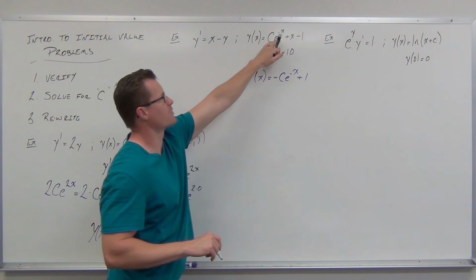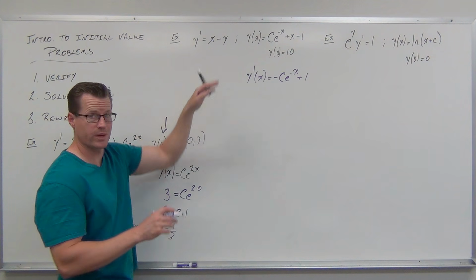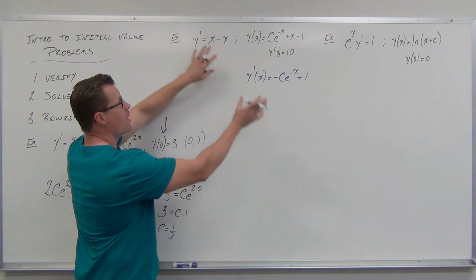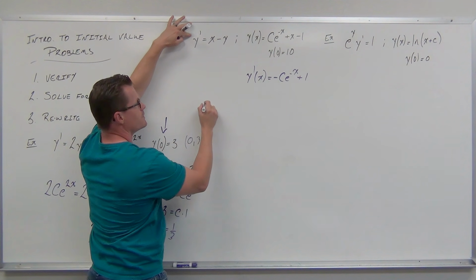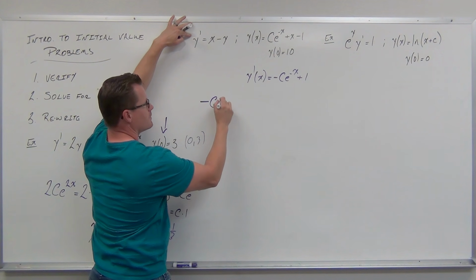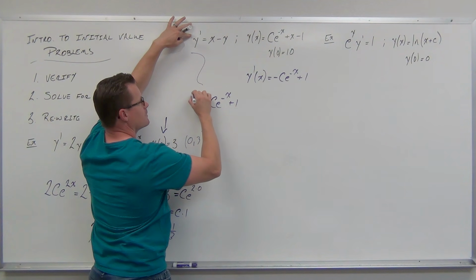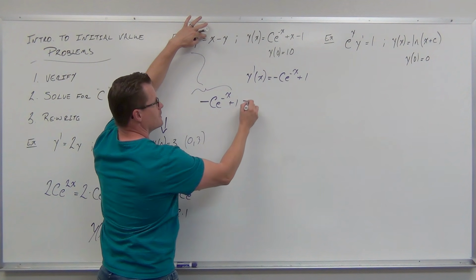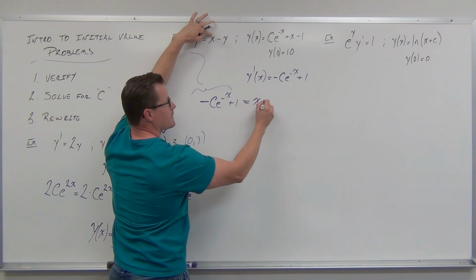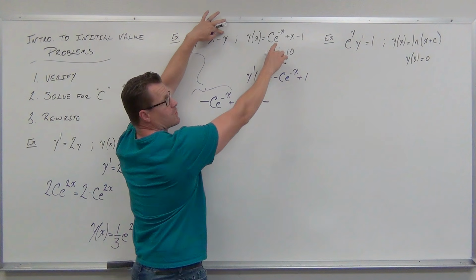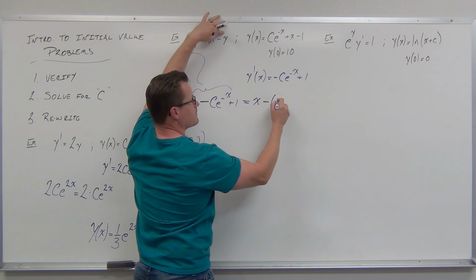We're going to check this with our original differential equation to verify that this works. So on the left-hand side, we're taking our first derivative, what we just found, equals x minus our original equation that we just took the derivative of.